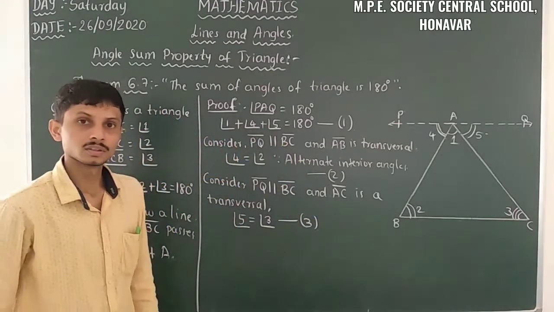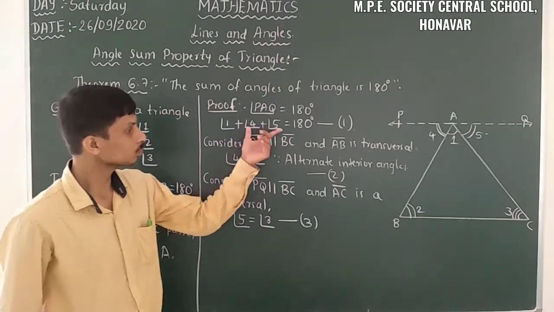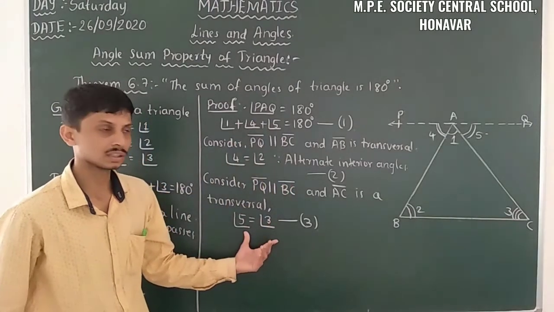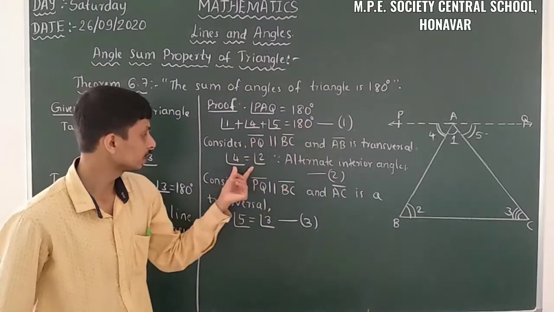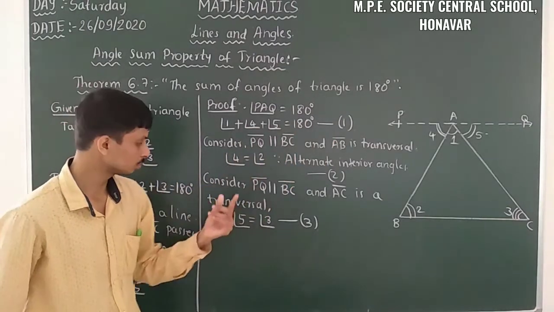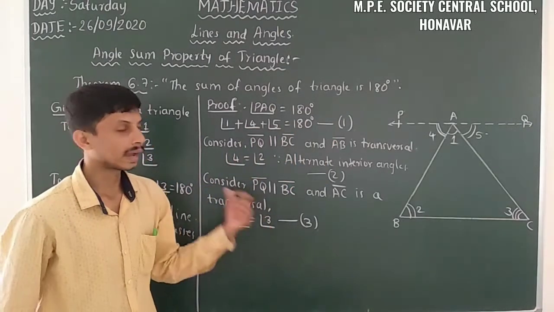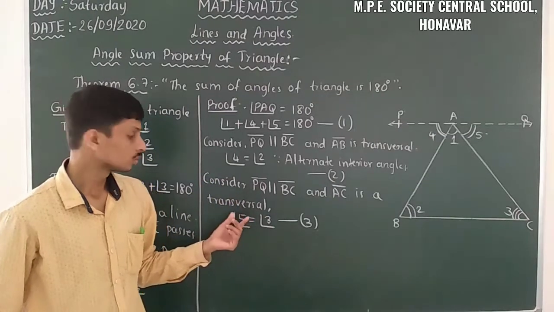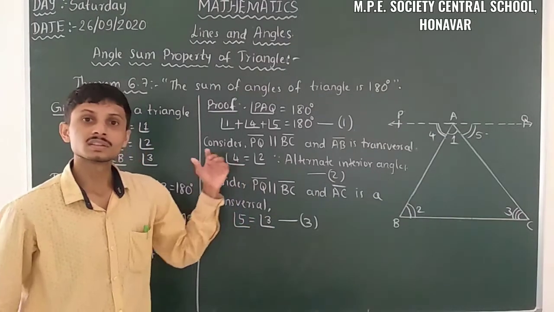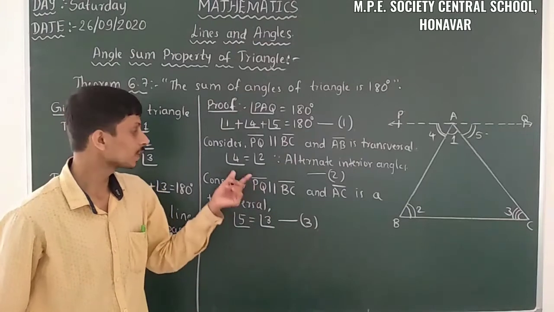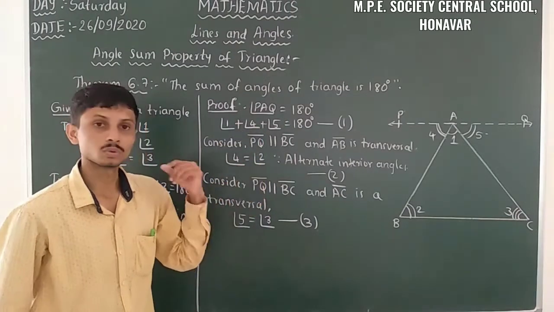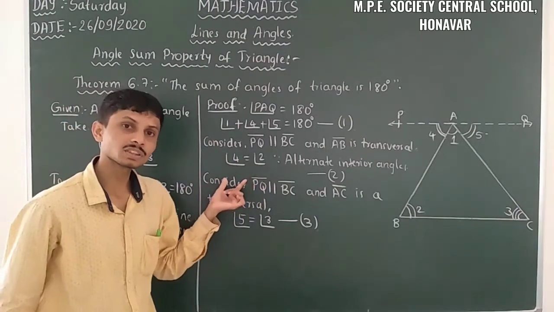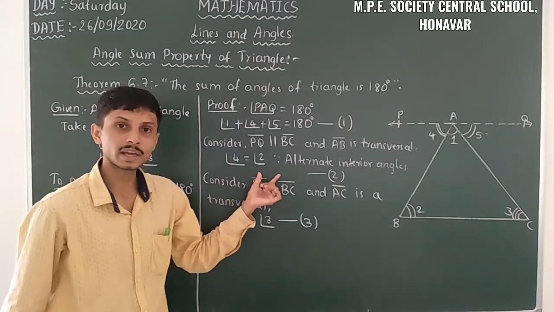So here just observe equation 1, equation 2 and equation 3. Angle 1 plus angle 4 plus angle 5 is equal to 180 degrees. Here we have angle 4 is equal to angle 2, and angle 5 is equal to angle 3. So just replace 4 by 2.